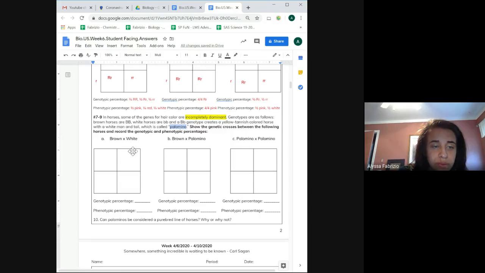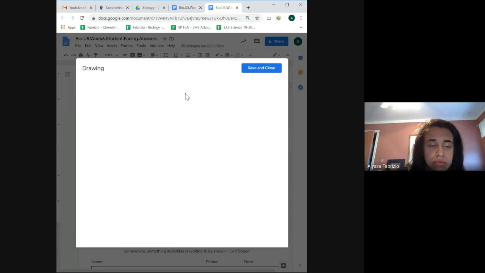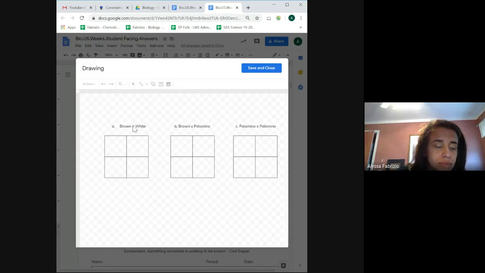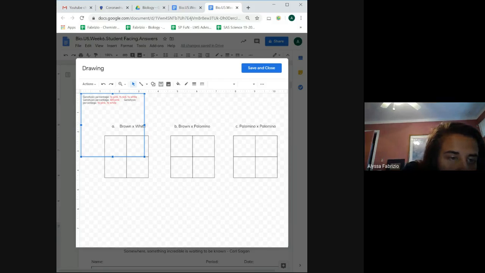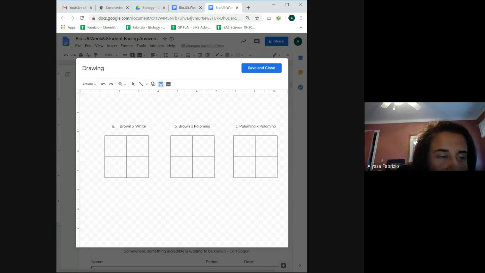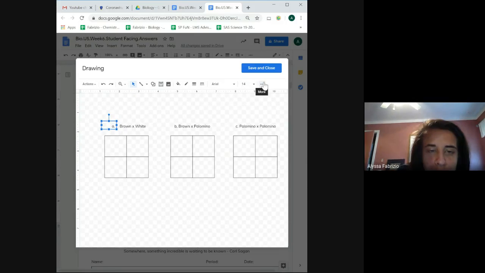Okay, so we're going to show the genetic crosses between the following horses. So we have brown and white. Okay. Let's see if I can do this. Nope, that is not what I wanted to do. Okay. So we have brown. What's our genotype for brown? It's all you, Michael.